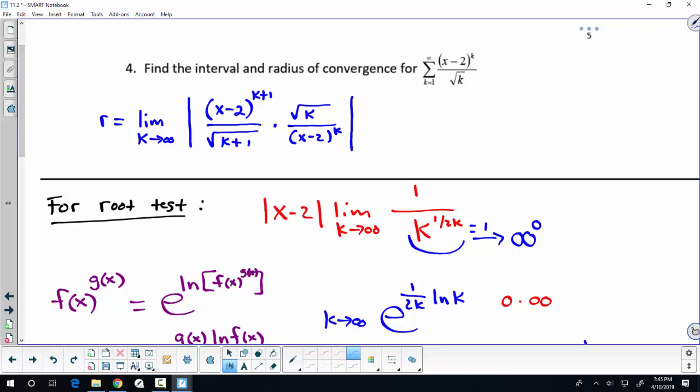So we simplify the x minus 2 to the k plus 1 as x minus 2 to the k times x minus 2 to the first. And then we can simplify the x minus 2's to the k.